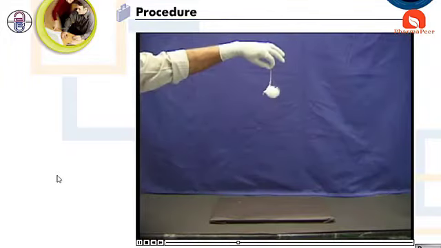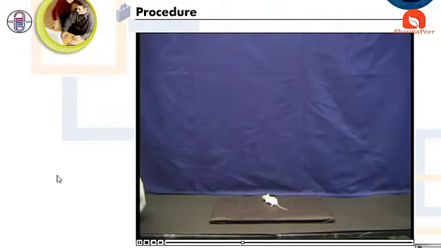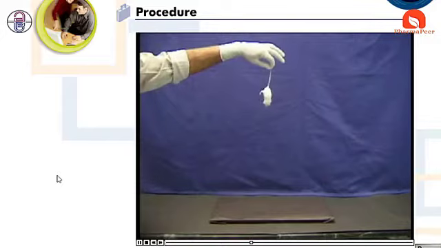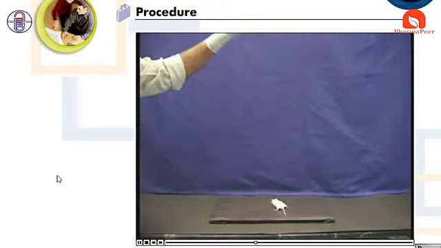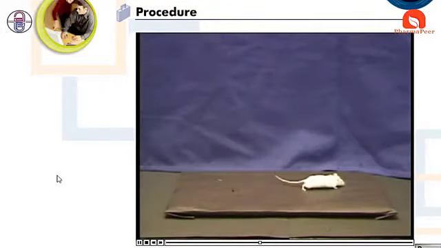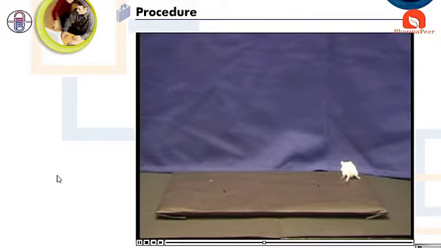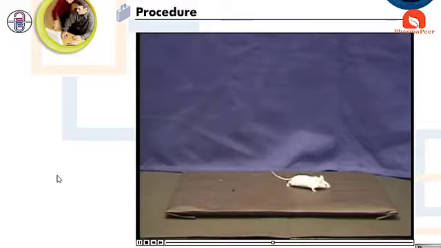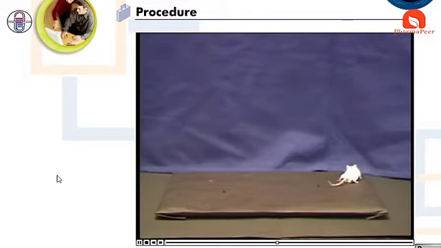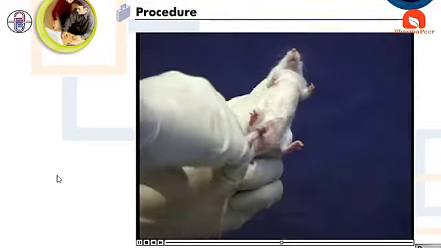Drop the mice individually from a predetermined height and observe the righting reflex in each of them. The mice regain their normal posture quickly, indicating presence of righting reflex.